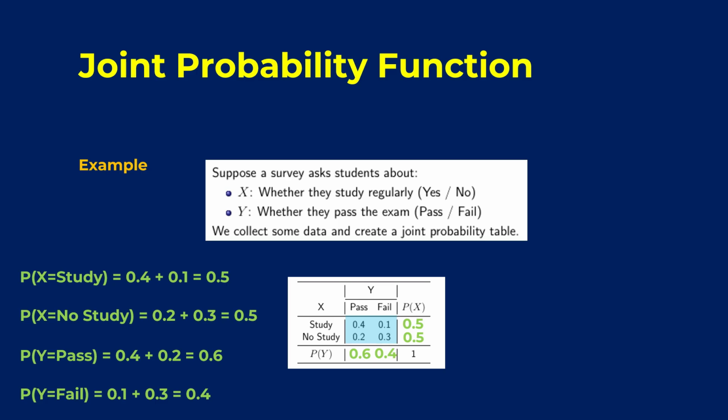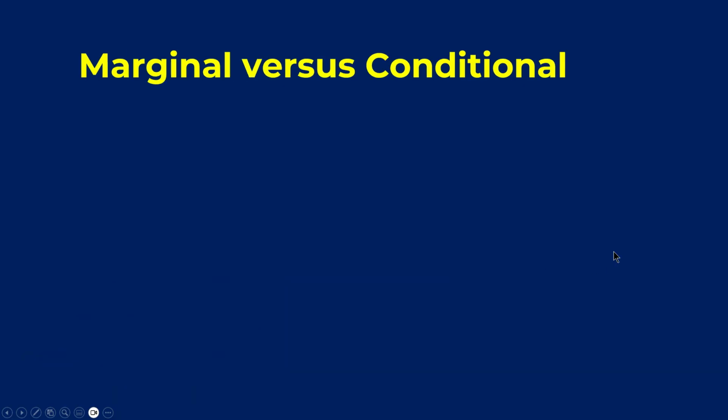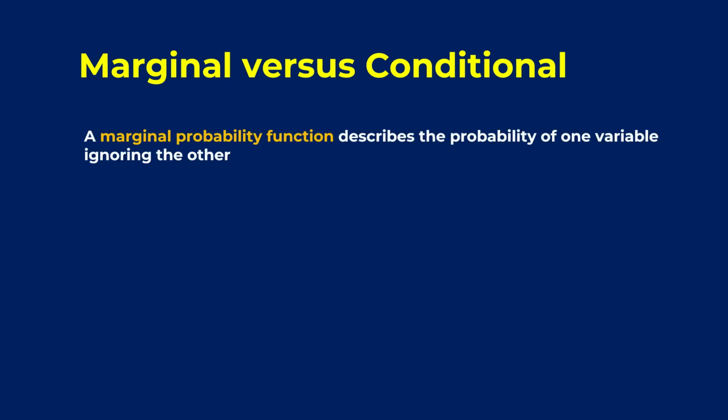Okay, so let's move on to the next slide. In the next slide, we want to understand the difference between marginal and conditional probabilities. They are different because the marginal probability function, as we have seen in the previous slide, describes the probability of one variable ignoring the other.